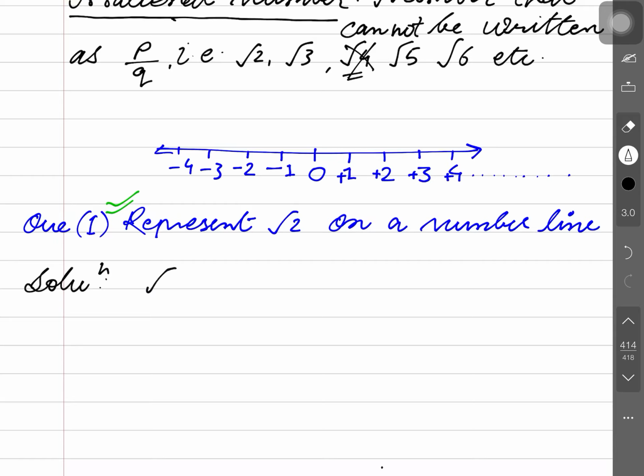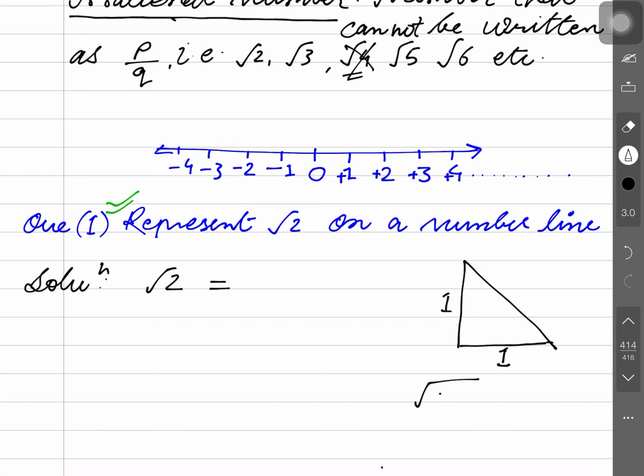Root 2, you have to break into two such numbers so that the sum of their squares must be 2, under root 2. Is that clear? So how can we think of this? It's very simple. This is 1 unit and this is also 1 unit.